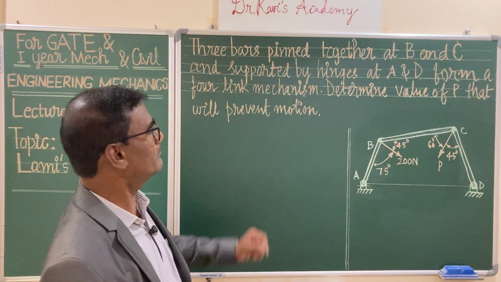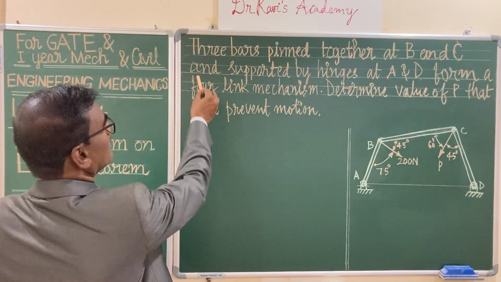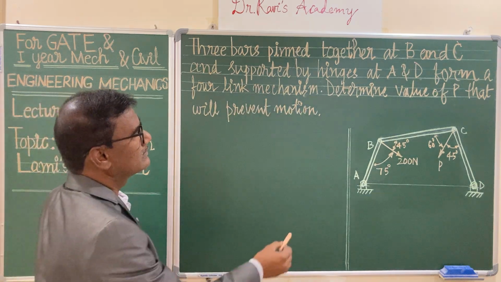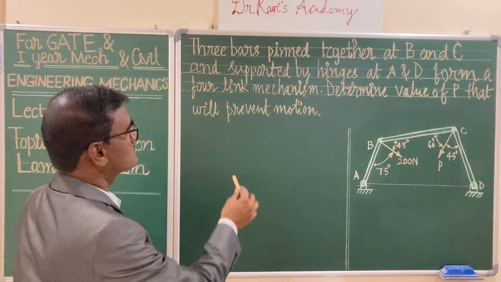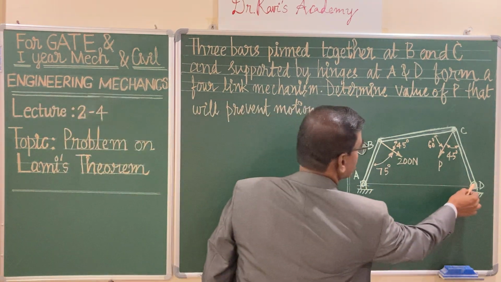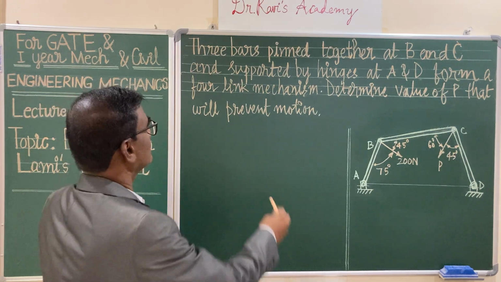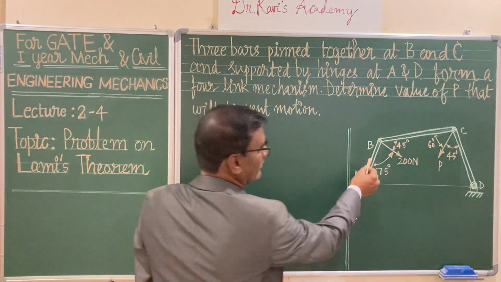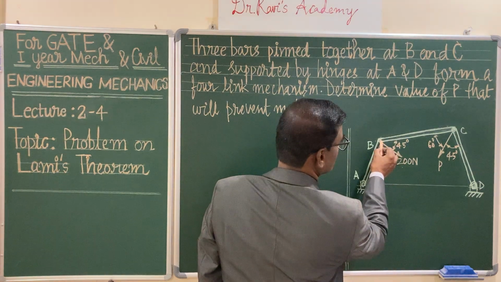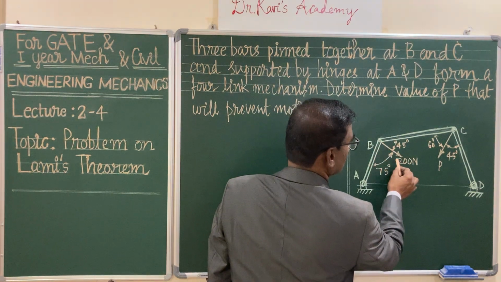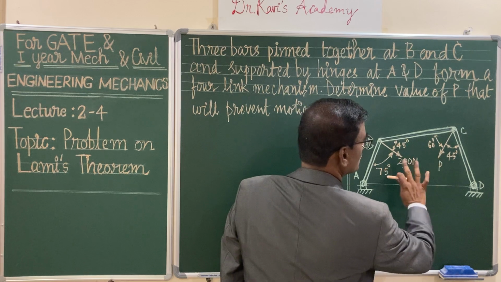Let us look at the problem. You have a 4-bar mechanism in which 3 bars are pinned together at B and C and supported by hinges at A and D. So this forms a 4-bar mechanism, and here a force of 200 newtons is acting at joint B. If there is no P, it is going to deform, it is going to move.